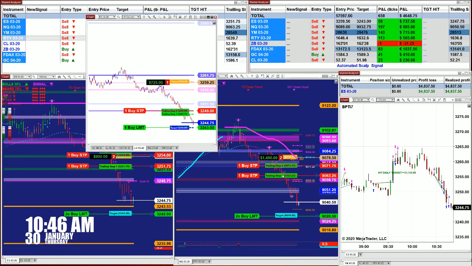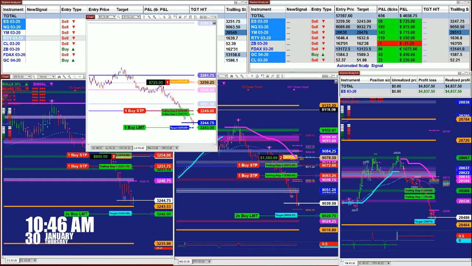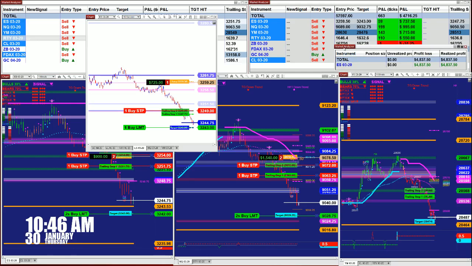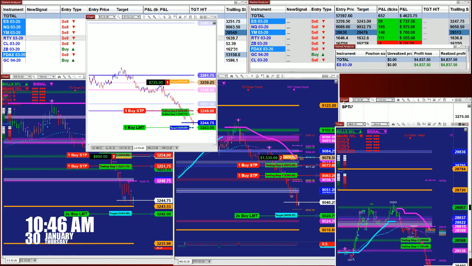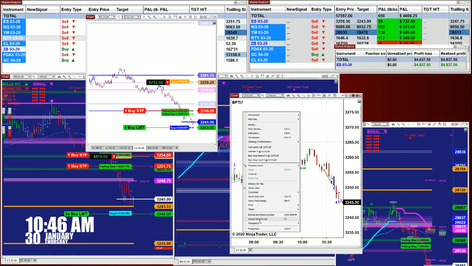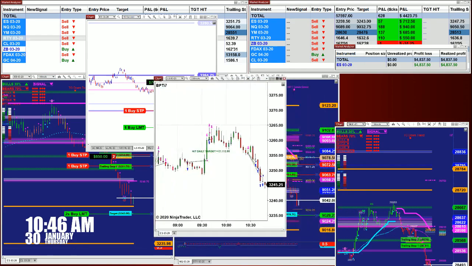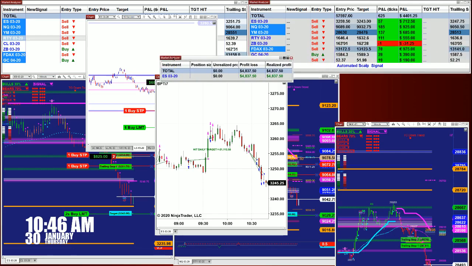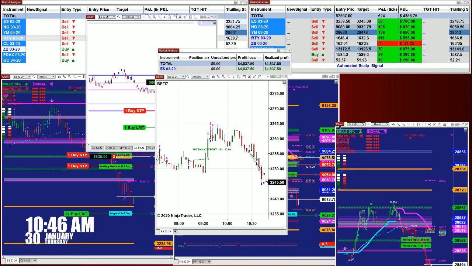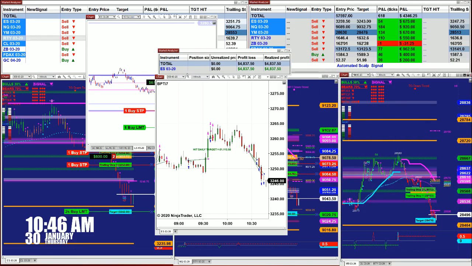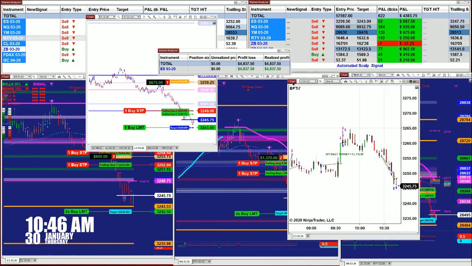So right now on this scalper, this is the third round today. This is the third round on the ES.